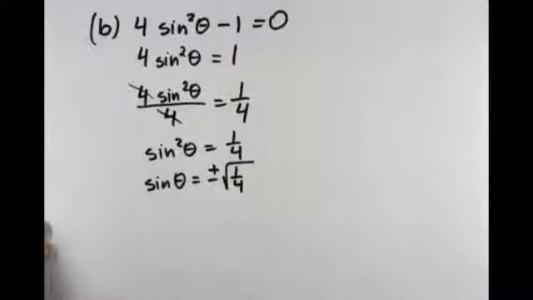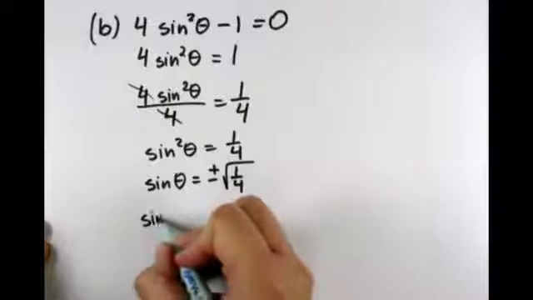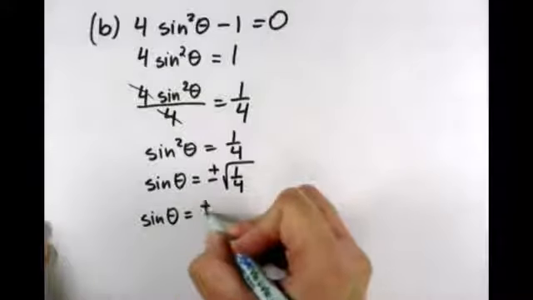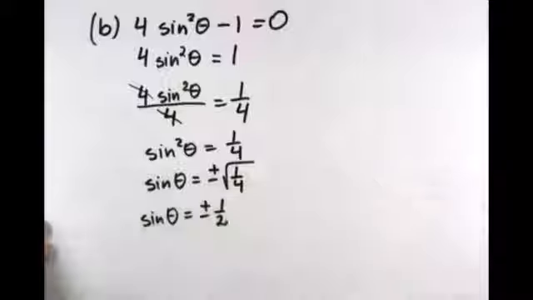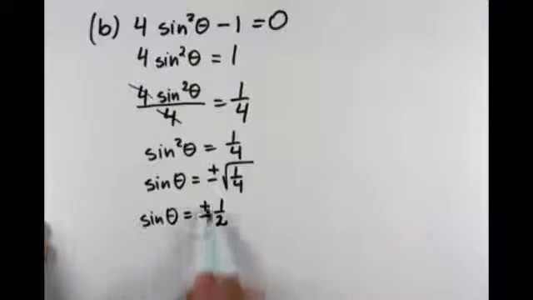Square root of 1/4 is nothing else but 1/2, because the root of 4 is 2. So sine theta is equal to plus or minus 1/2. And now, as before, do not worry about plus minus. Find the reference angle from the chart. Where is sine theta equal to 1/2?